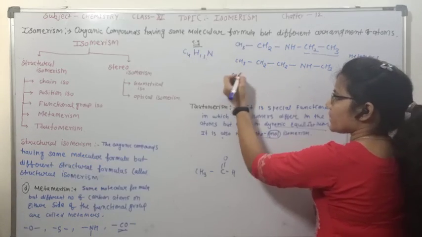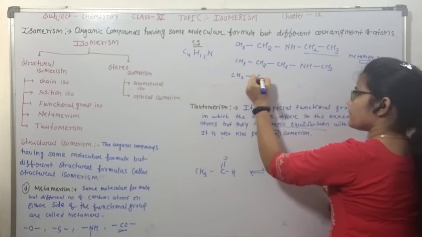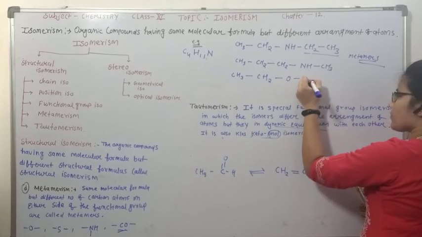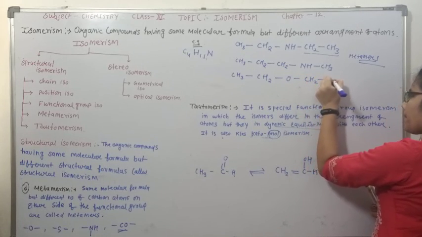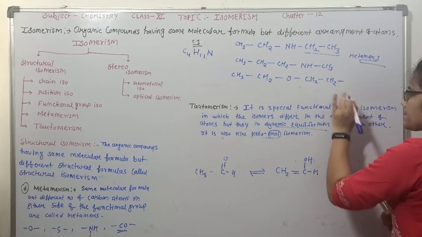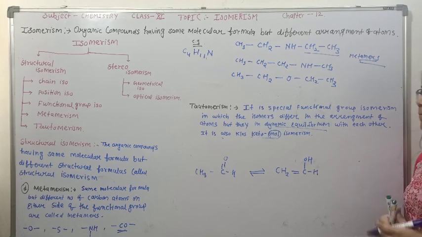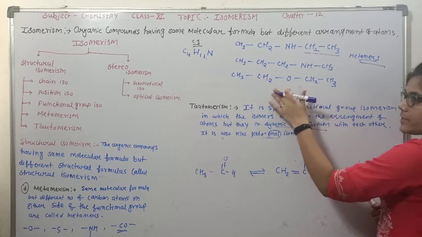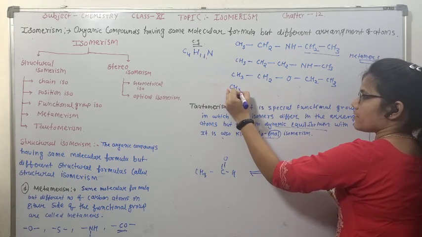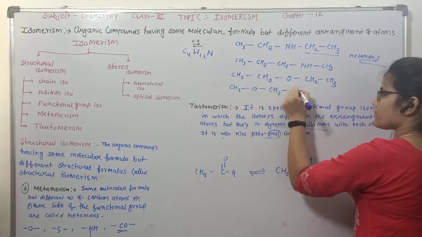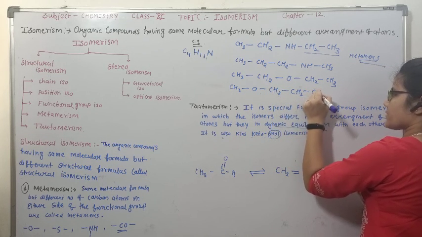One more example we can discuss here, that's ethoxyethane. So ethoxyethane, its metamer is CH3O CH2 CH2 CH3.